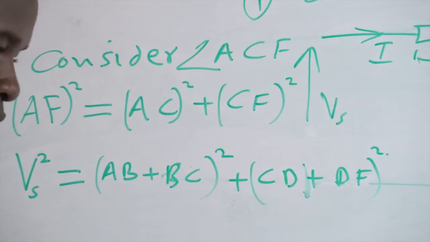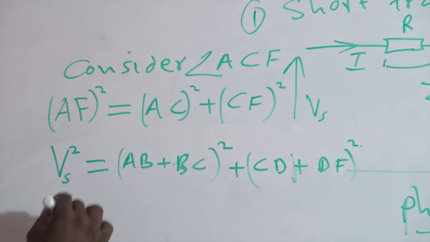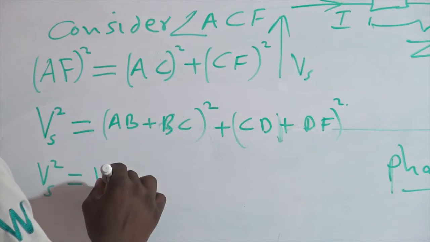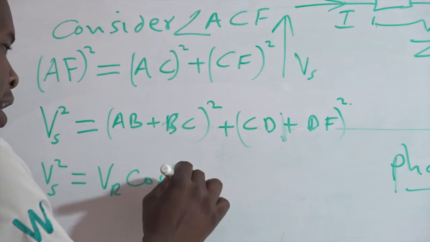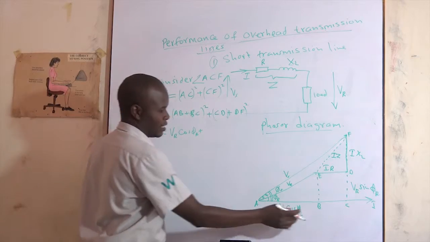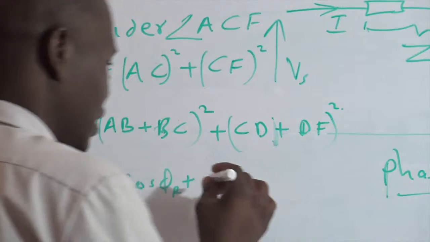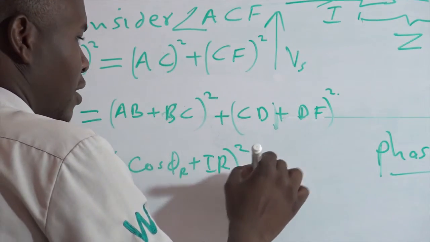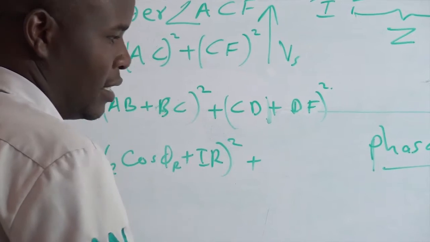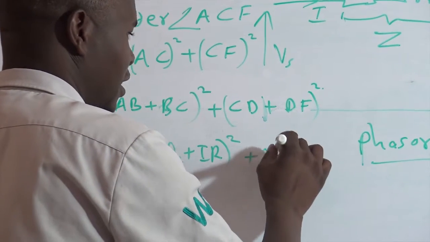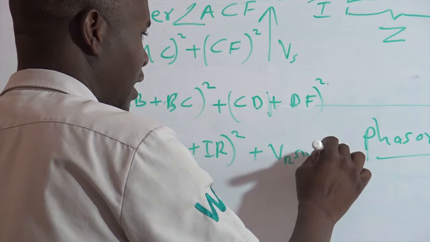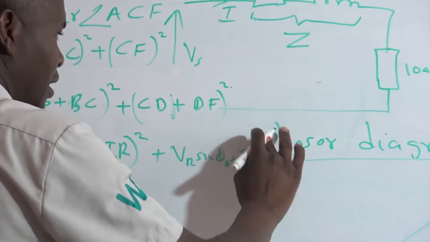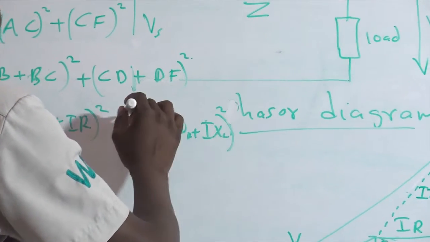So if you substitute these values, VS squared will be given by VR cos phi r plus IR, squared, plus VR sin phi r plus IXL, squared.